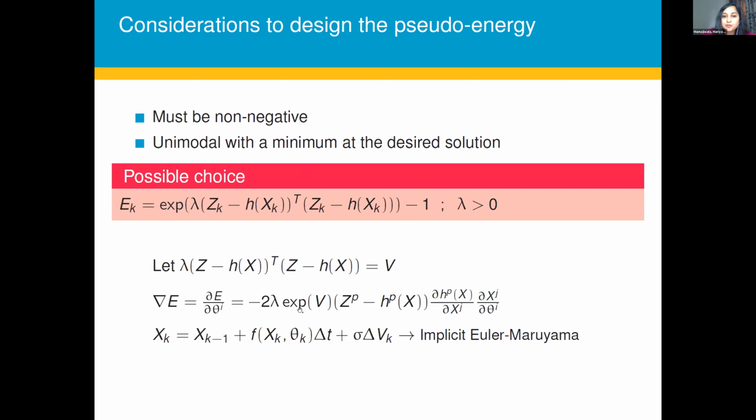So it has exponential of a squared error. Then it has component-wise errors appropriately multiplied with the partials of h, the measurement function, and also partials of x. So to obtain the partials of x, we simply expand the process dynamics by an implicit Euler-Maruyama integration scheme. So this partial of x will basically contain the partial of f. And just for the sake of completeness, this is what the modified parameter dynamics would look like for this particular choice of energy.